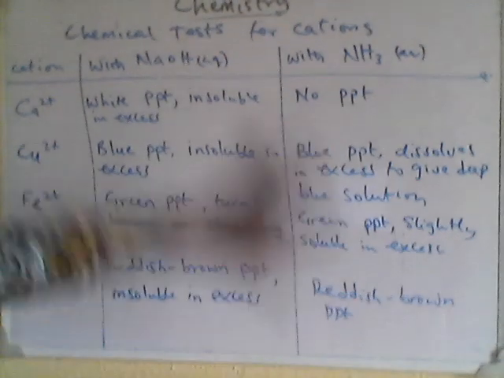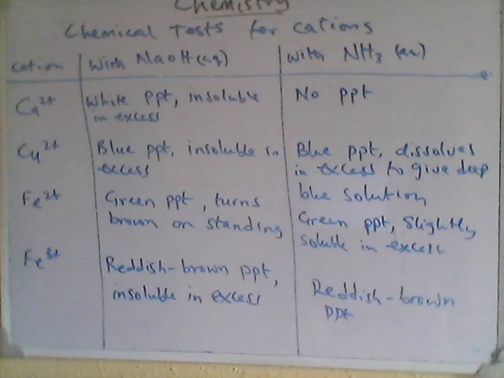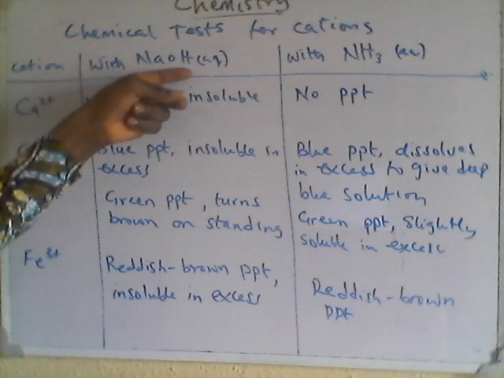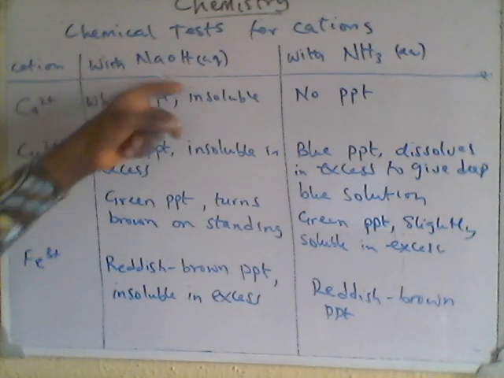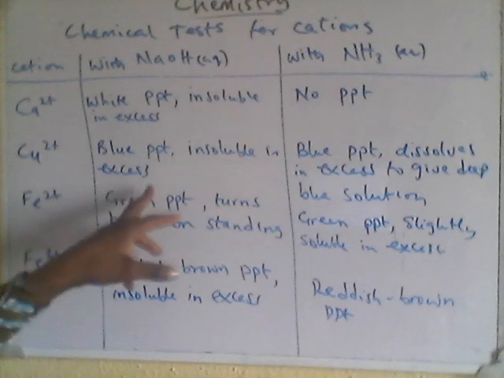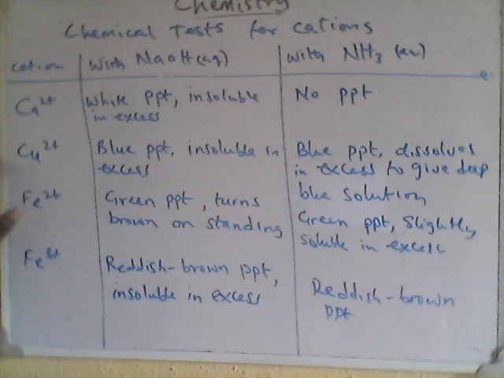So you need to just know how this table is, so that when you are doing it in the lab, if you are seeing all these things, you know what is happening. If I'm putting aqueous solution of sodium hydroxide in a particular salt, and I'm seeing a blue PPT insoluble in excess aqueous solution, you know that you are suspecting copper ion. Understand?